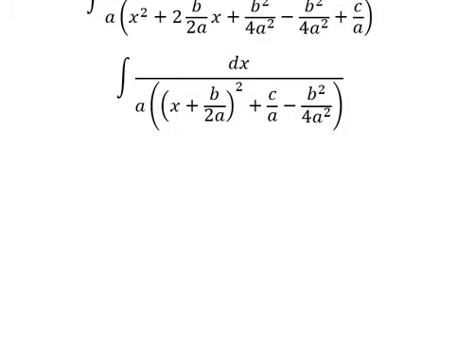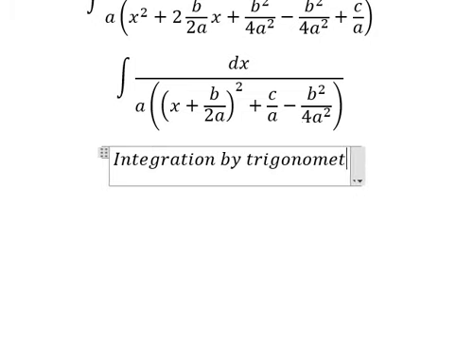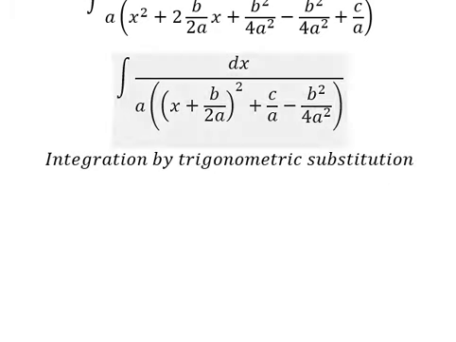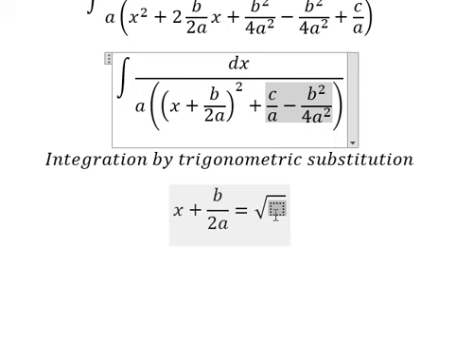Now we can use integration by trigonometric substitution. So I will put s plus b over 2a equals the square root of this one.